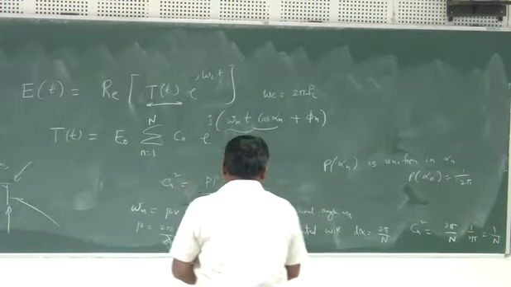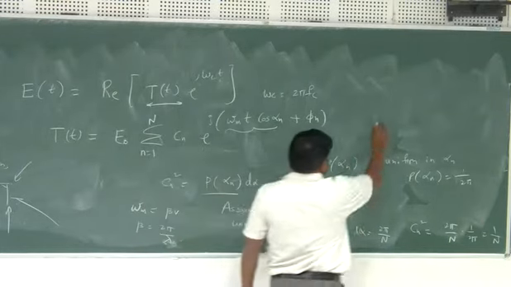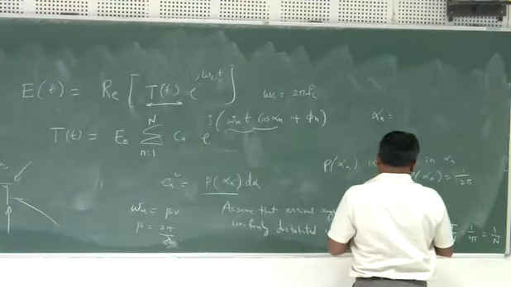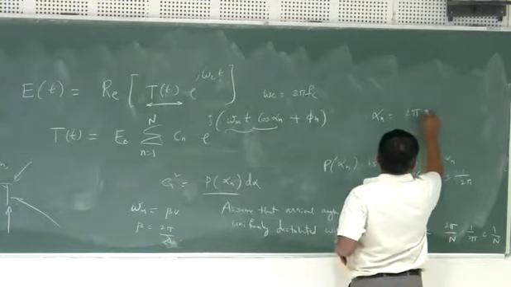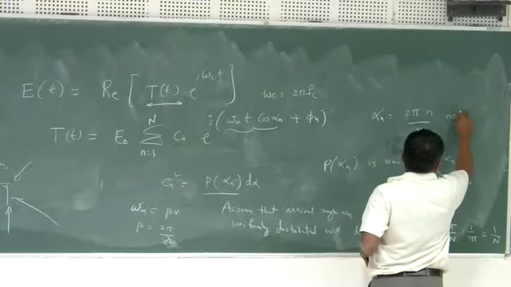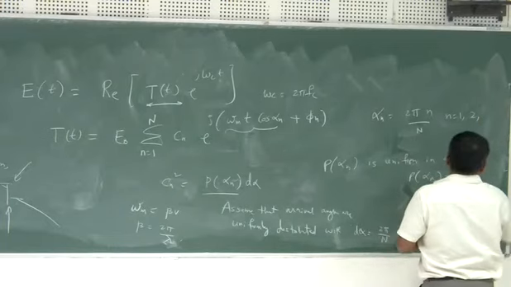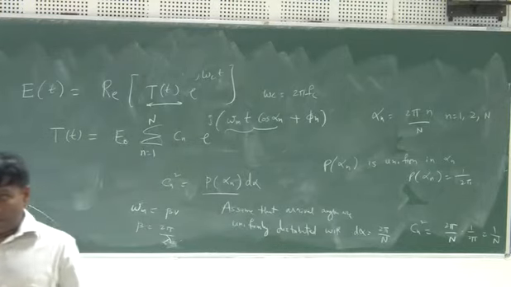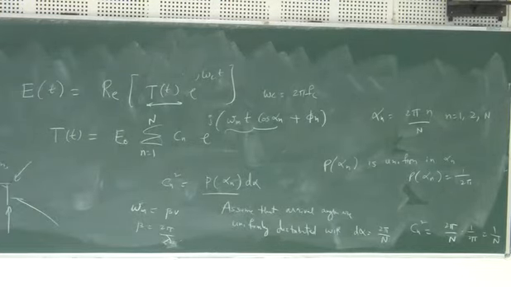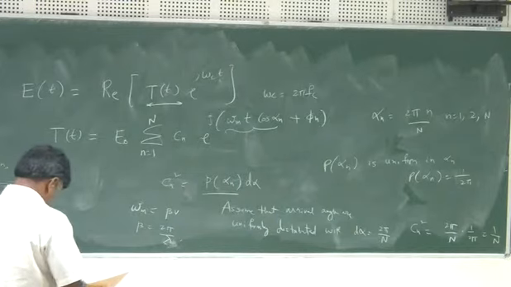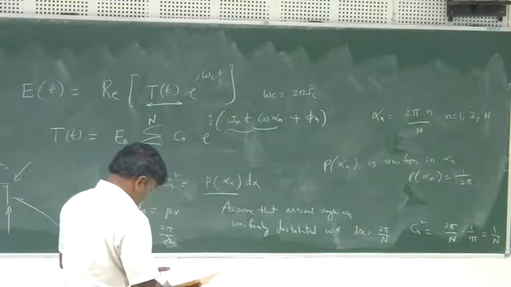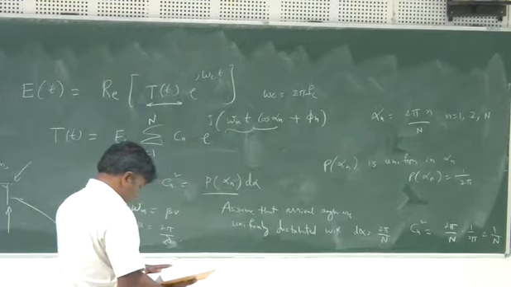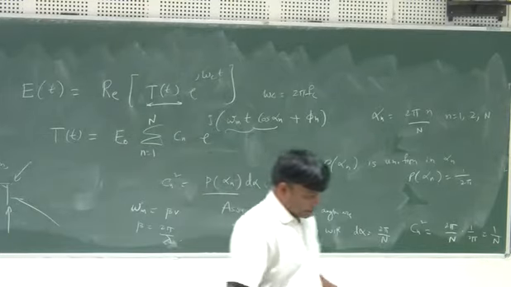The alpha n would be 2 pi small n by capital N, where n equals 1, 2, up to capital N. Make sense? Okay, so that's it. Do we need anything else?